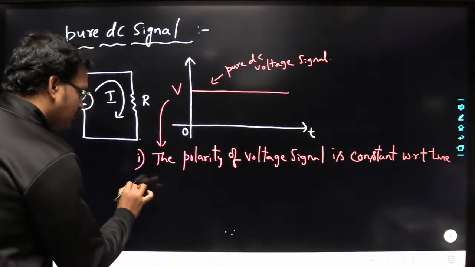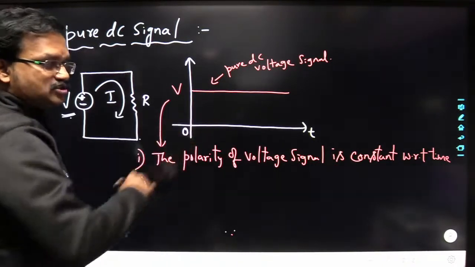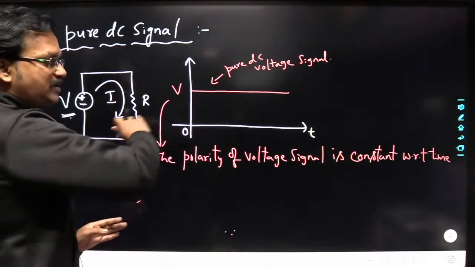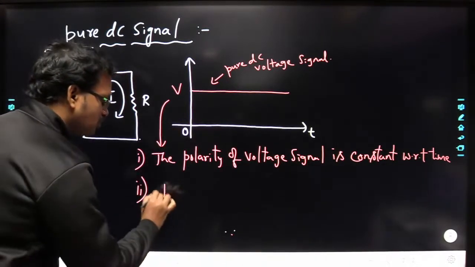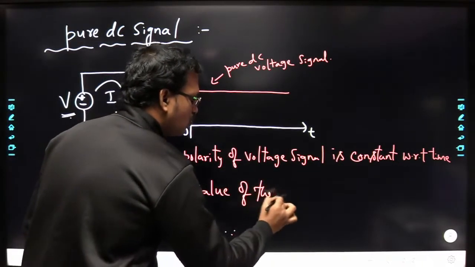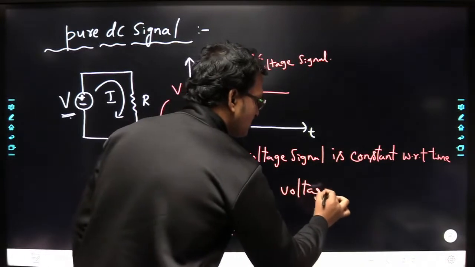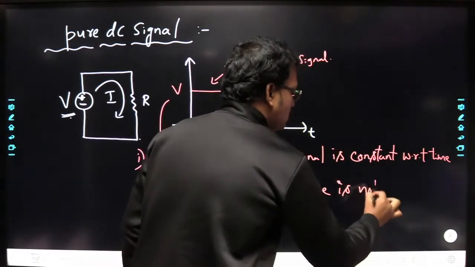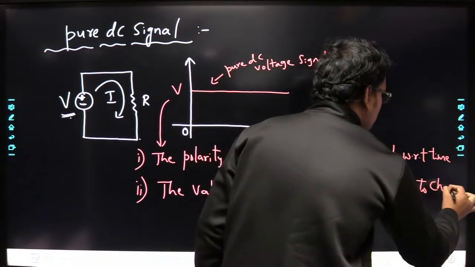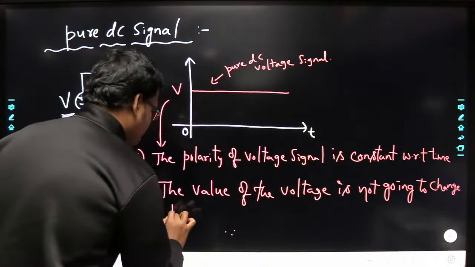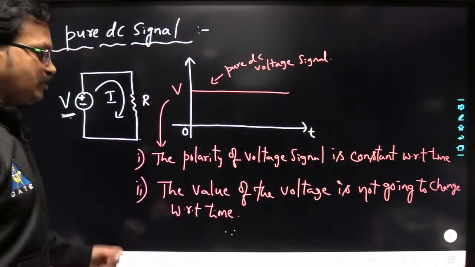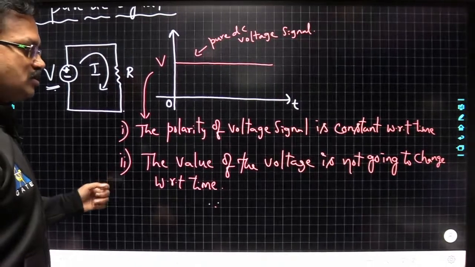And what is the second one here? The value of the voltage is also not going to change with respect to time. Yes or no? It maintains a constant value, right? So the value of the voltage is not going to change with respect to time.